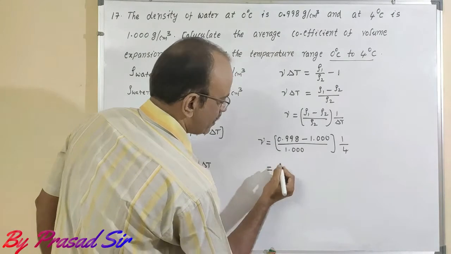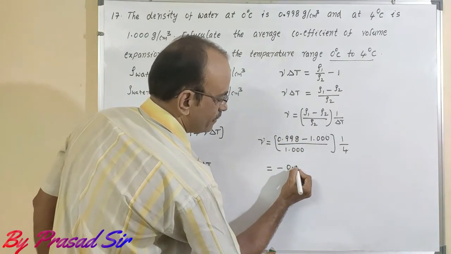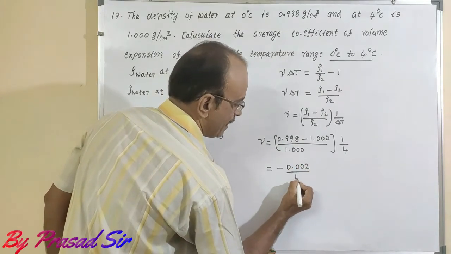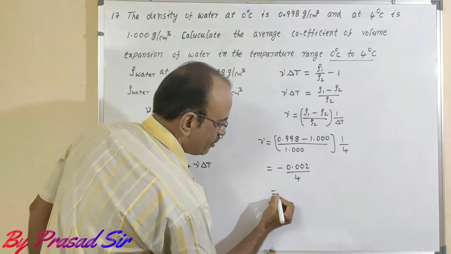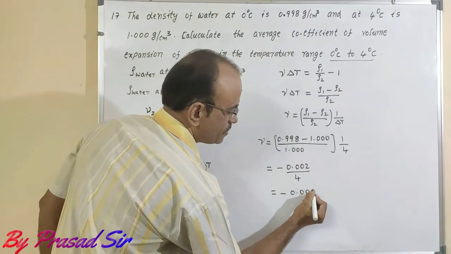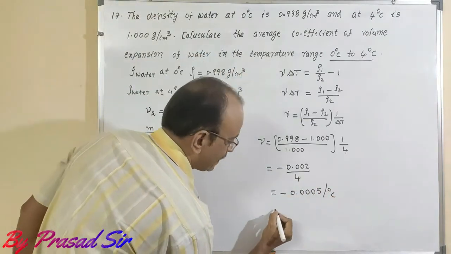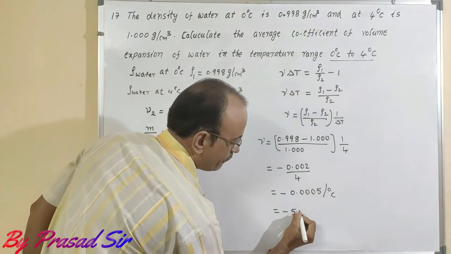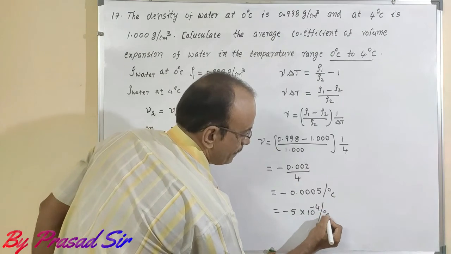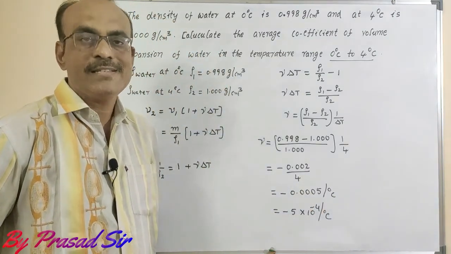So after subtraction we get a negative value, 0.002 divided by 4. On division we get minus 0.0005 per degree centigrade. Converting it another way, that is minus 5 into 10 to the power of minus 4 per degree centigrade. This is the solution for question number 17.